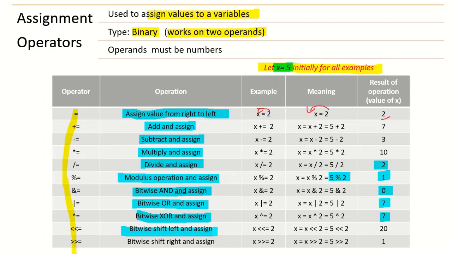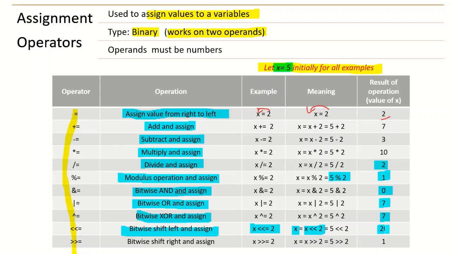Bitwise shift left and assign operation. That means for x less than less than equal to 2, that is x left shift 2 will assign the left shifted value of x to x. That is 5 left shift 2 will be assigned to x.